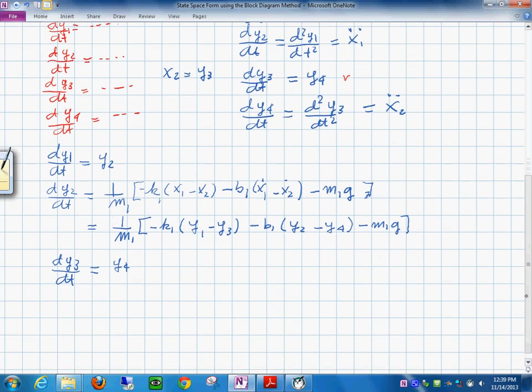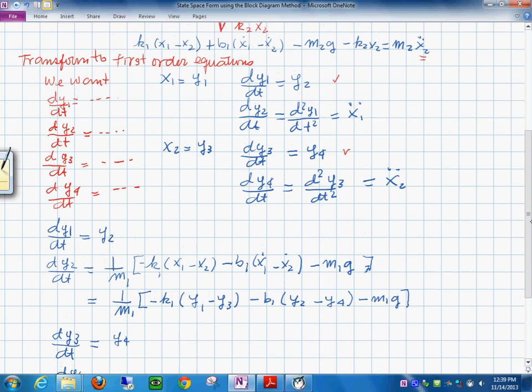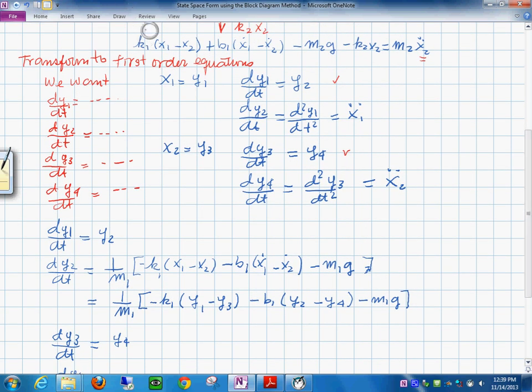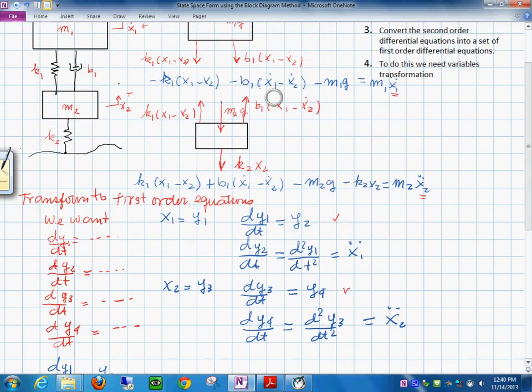And the other one is that dy sub 4 dt is equal to, for this one, see, k1 times x sub 1 minus x sub 2, this would be 1 over m sub 2 times k sub 1 times x1 minus x sub 2 plus b sub 1 times x sub 1 dot minus x sub 2 dot, like that. See that? Those two terms I copied from here.